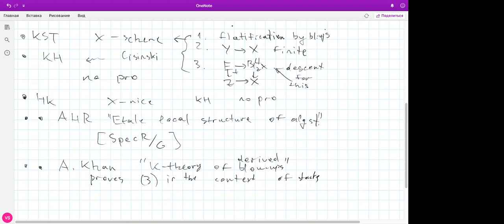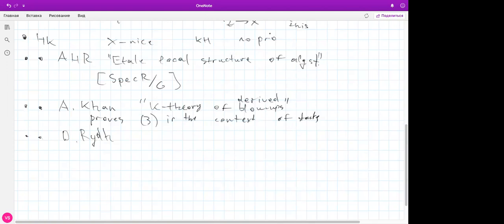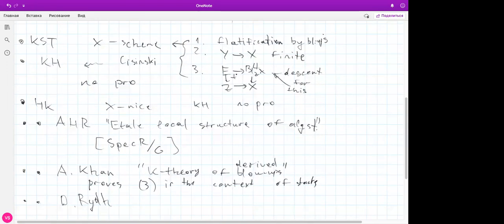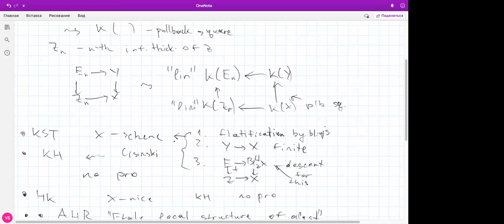Yeah, and the flatification by blowups is also available for stacks, and this is some result by Reed. I don't remember the name of the paper. So the only step that we need for proving this kind of result for stacks is actually the second step.